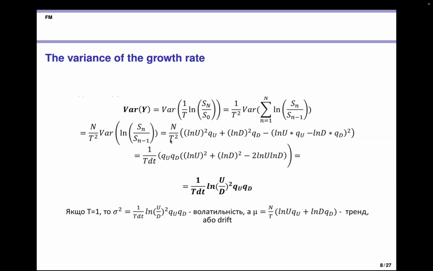And if we find the variance of ln, it will be an expression which doesn't depend on n. So you see that it is without sum, like at the previous slide, and we only multiplied this expression by n.